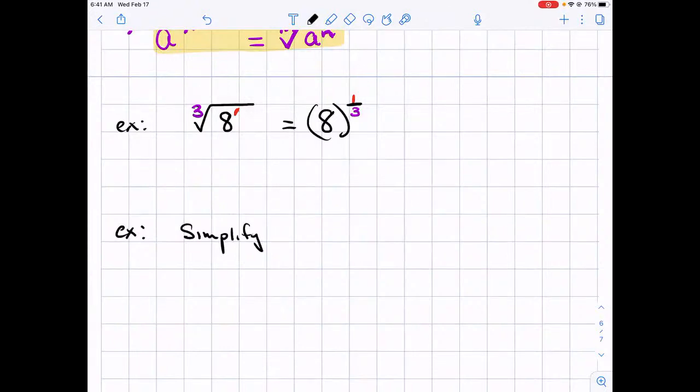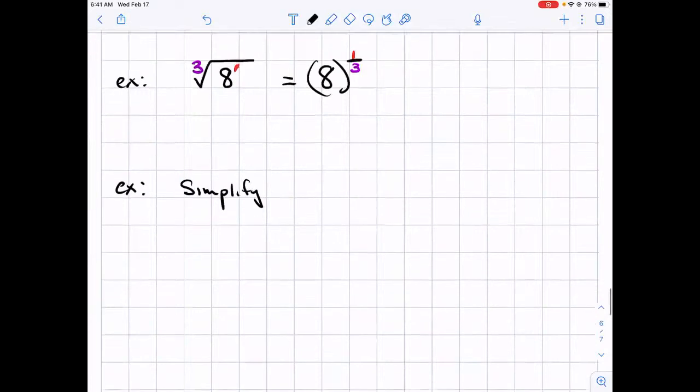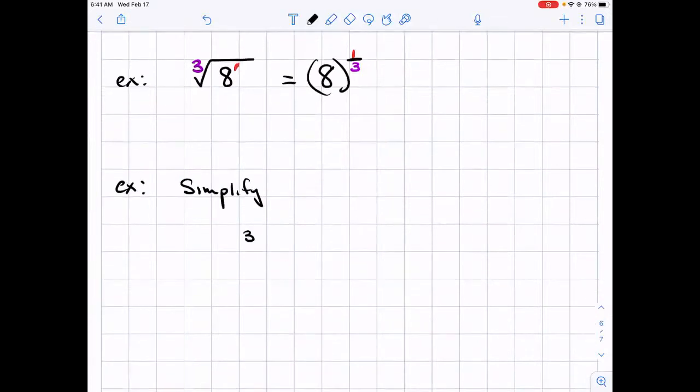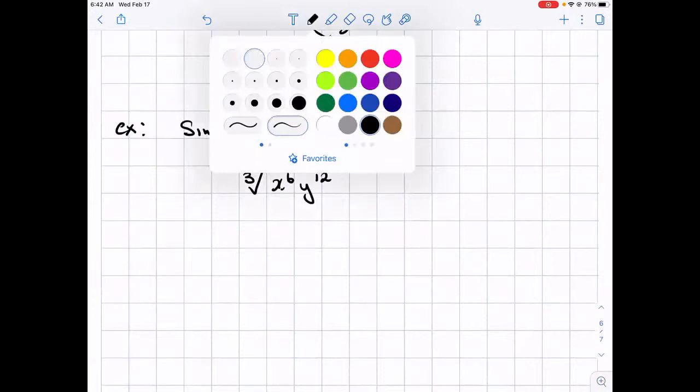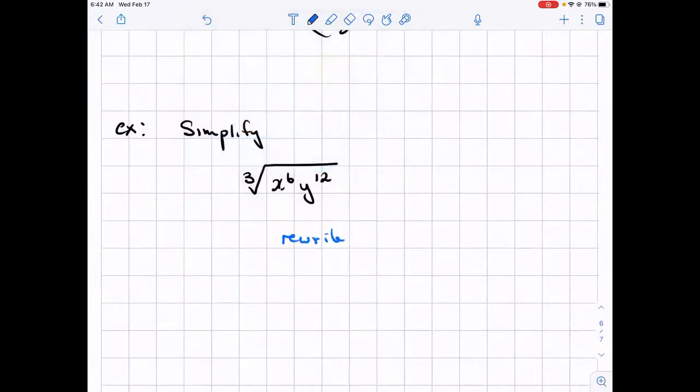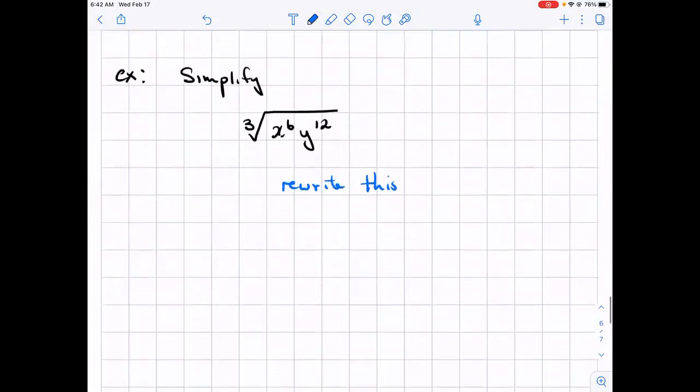If I ask you to simplify the cube root of x to the 6th, y to the 12th, it will help if we rewrite this as x to the 6th, y to the 12th, everything raised to the 1/3 power, because cube root is 1/3 power.